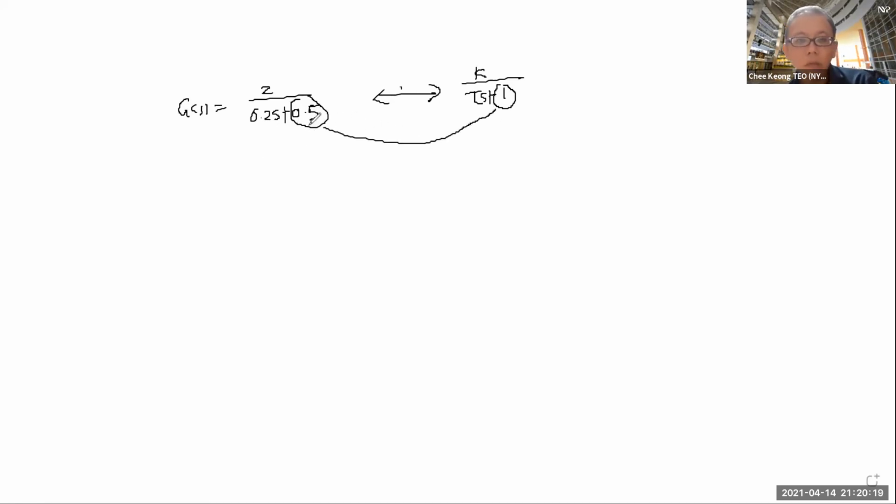So what we need to do first is make sure that this is 1. In order to make this 1, I have to divide by itself. So 0.5 divided by 0.5 gives you 1. If I divide this term by 0.5, then every other term I have to divide by 0.5.